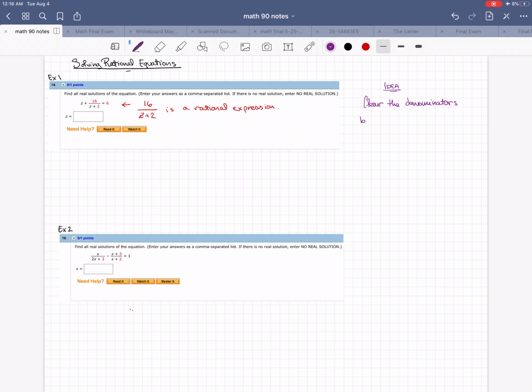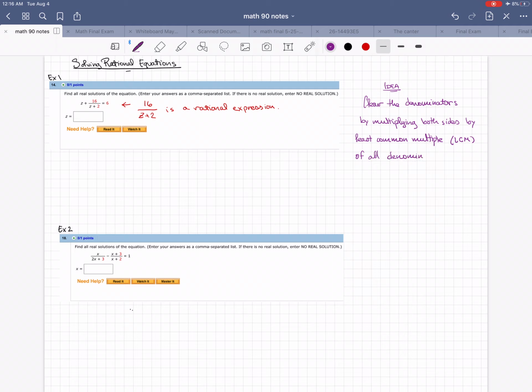And what I hope you'll remember is that we achieved that by multiplying both sides by the least common multiple, aka the LCM, of all of the denominators present.